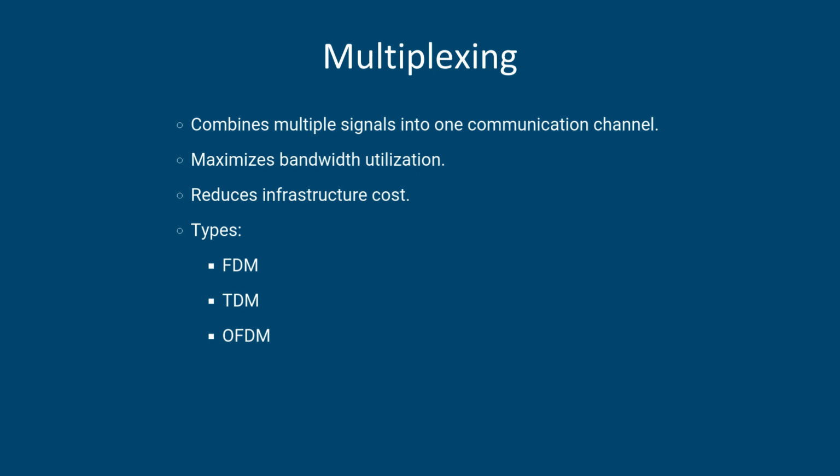Instead of using separate channels for each user, multiplexing allows efficient sharing. There are three major types: frequency division multiplexing, time division multiplexing, and orthogonal frequency division multiplexing.